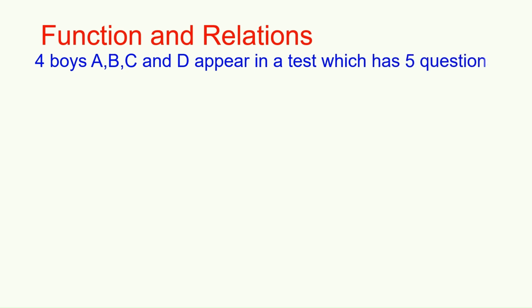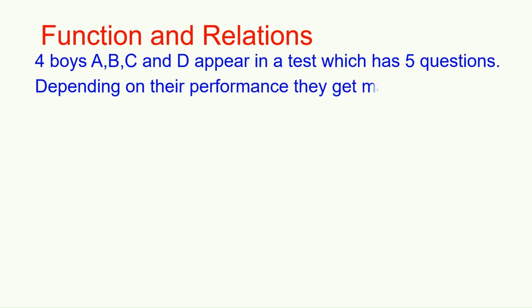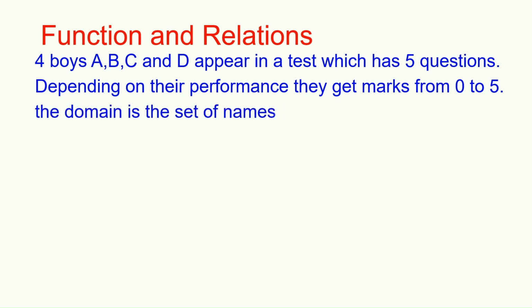Functions and relations. Four boys, A, B, C and D, appear in a test which has 5 questions. Depending on their performance, they get marks from 0 to 5.